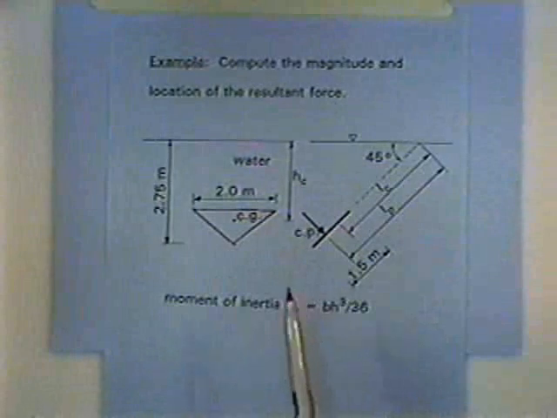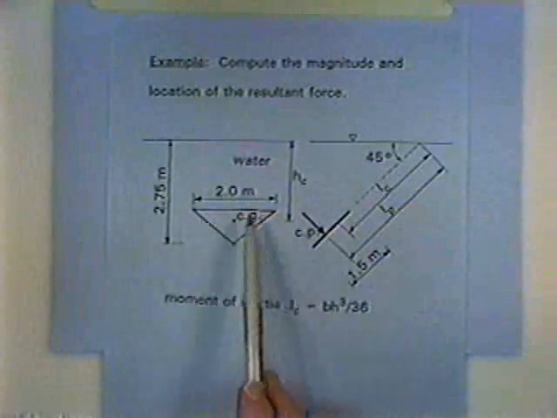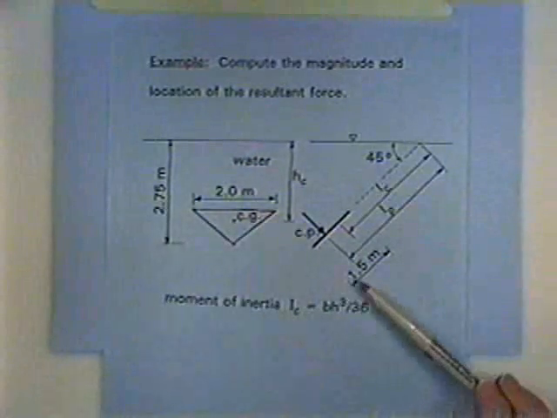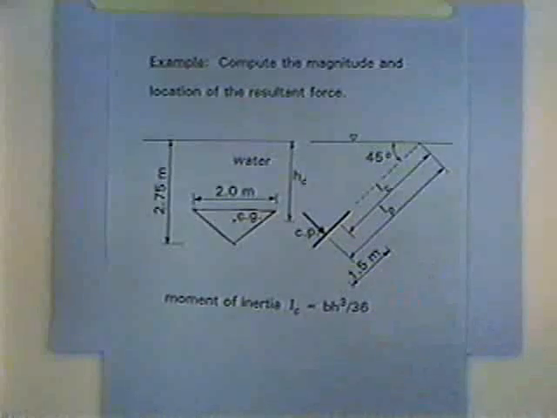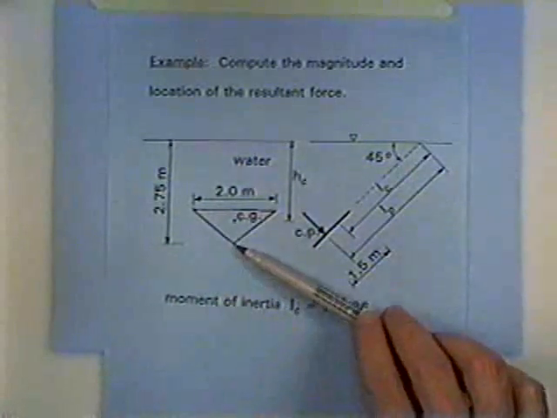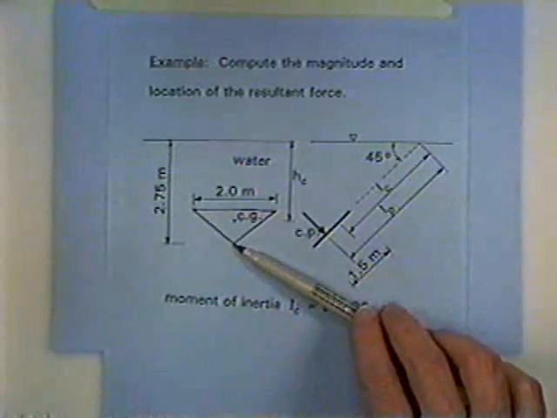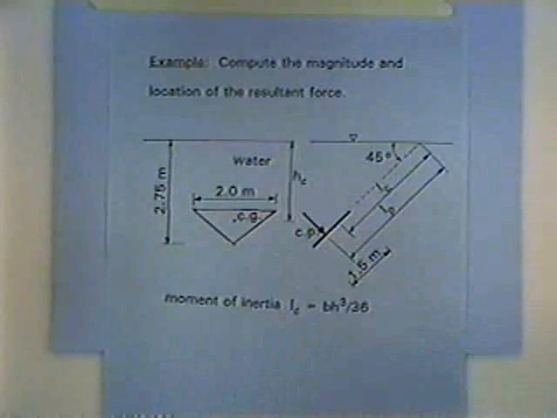The dimensions of the object are 2 meters across, and the length from top to bottom is 1.5 meters, and the bottom of the object is 2.75 meters below the water surface. And so our problem is to find the magnitude and location of the resultant force.